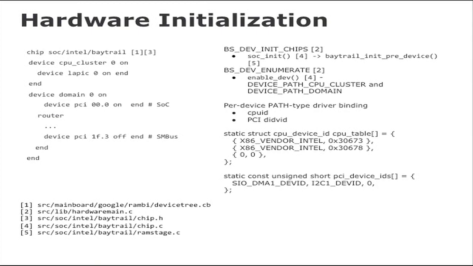In the source SOC Baytrail chip.c, there's some code where you see I'm enabling this device, which in this case is a CPU cluster, and it has a path of device path CPU cluster. So you bind the operations for each of those bus sort of devices at that level.